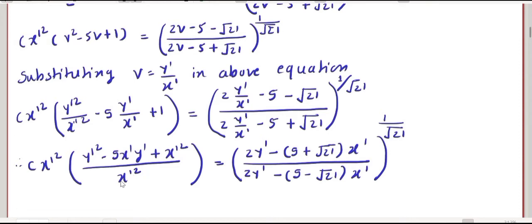Now here cancel x dash square to the x dash square.